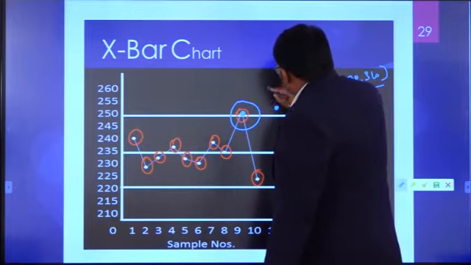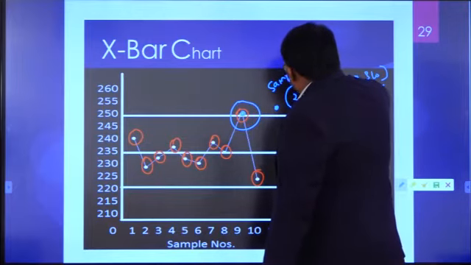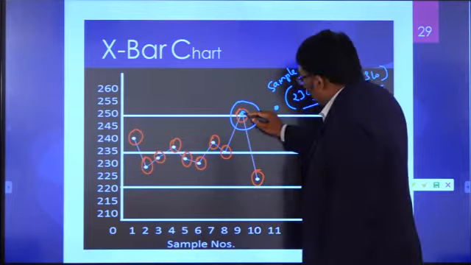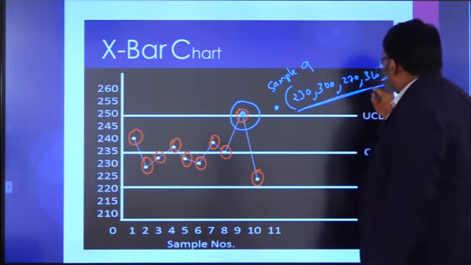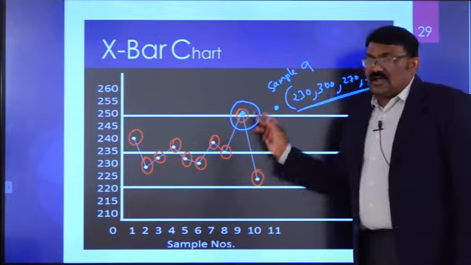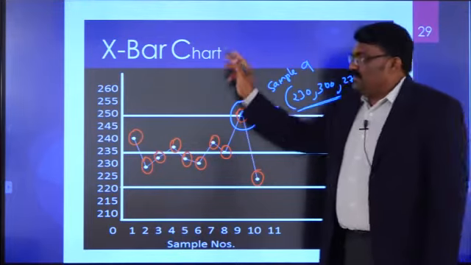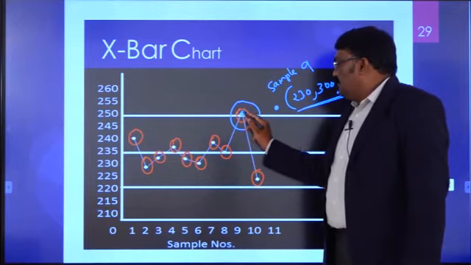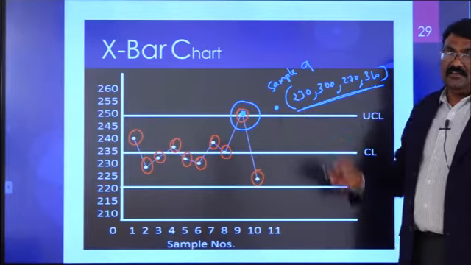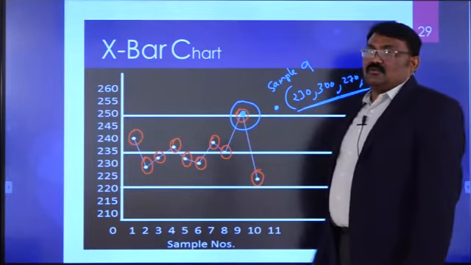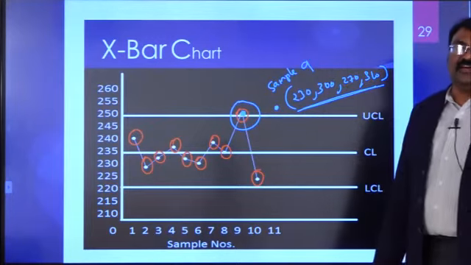This is sample number 9, because after this comes sample number 10. Sample number 9 with this assumed value will be rejected because it crosses beyond the UCL. That is where control charts are used.